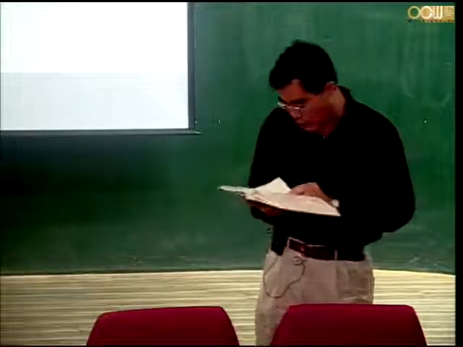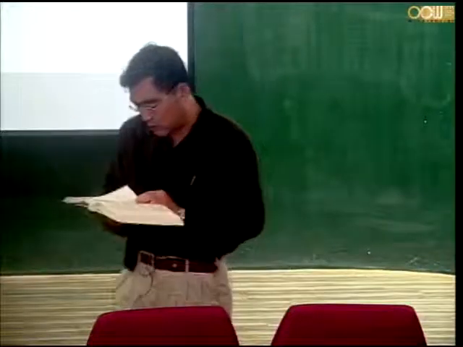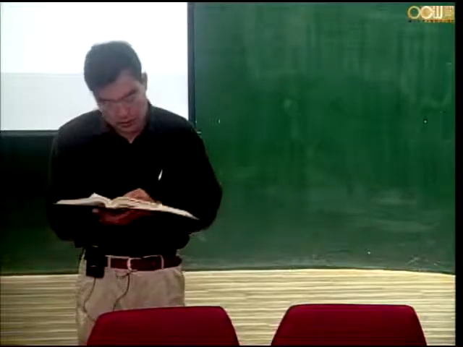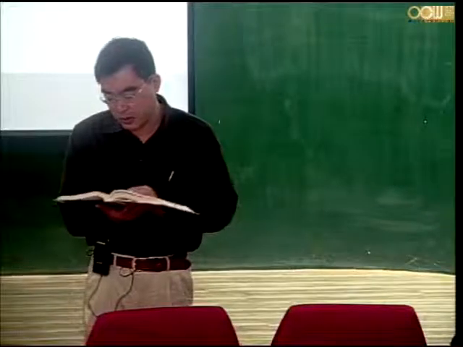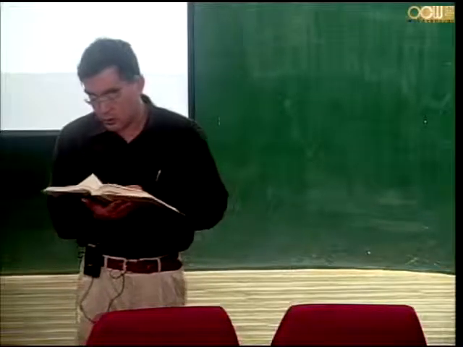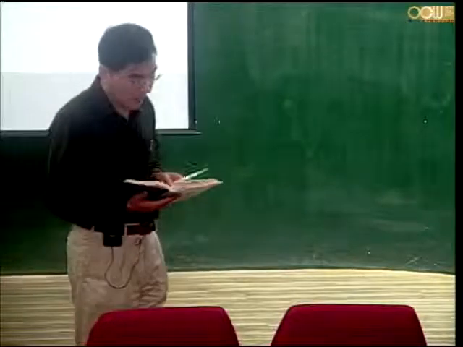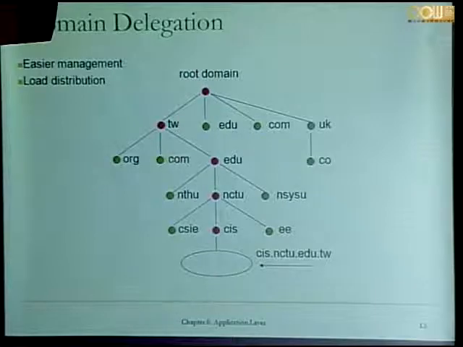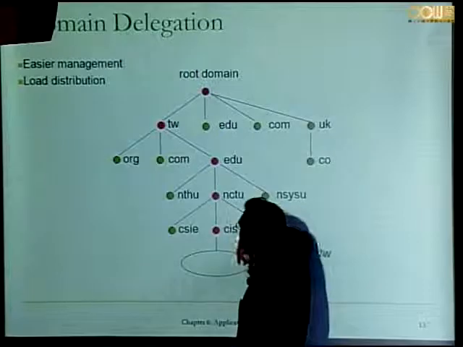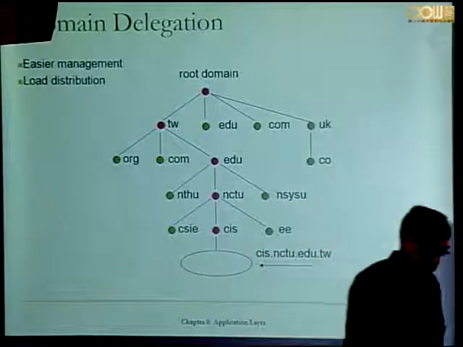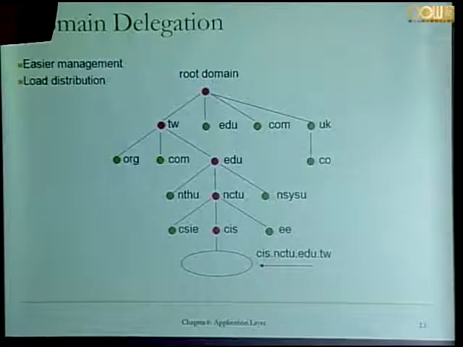Each name server could in fact have multiple server machines because the load is quite high, so you could have multiple machines to handle the queries. That's the top level. Under the root name servers, each node in the domain name tree could be handled by a name server in an organization.